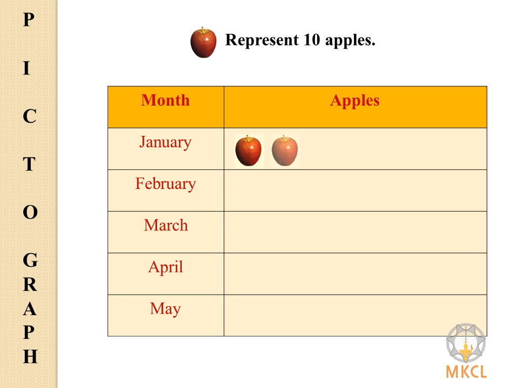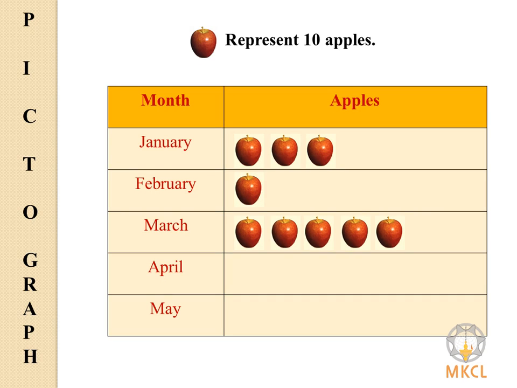In January he sold 30 apples. So there are 3 apples, since 1 apple represents 10 apples. This is our notation. In February he sold 10 apples. In March he sold 50 apples.